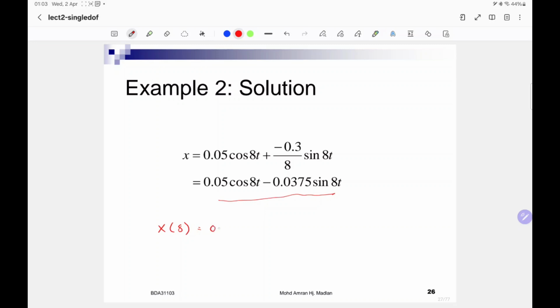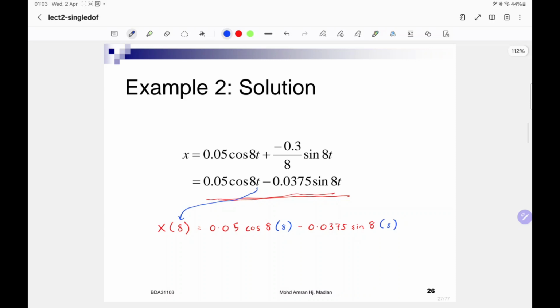Write back this equation, put this in your calculator, cos 8 multiplied with 8, so t is equal to 8, minus 0.0375 sine 8 multiplied with 8. Put it in your calculator and you can get the answer.